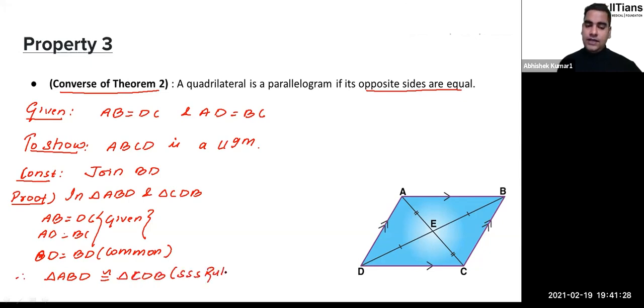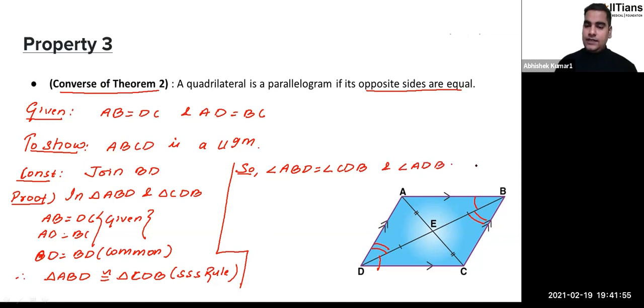And if these two triangles are congruent, this angle is equal to this angle by CPCT, and this angle is equal to this angle by CPCT. So angle ABD equals angle CDB, and angle ADB equals angle CBD by CPCT.